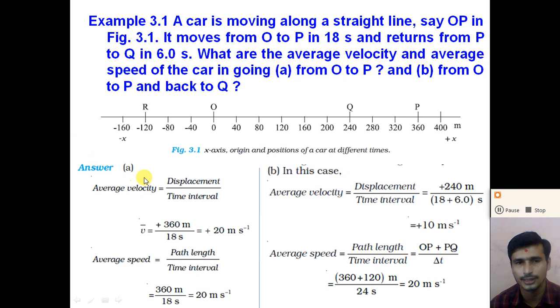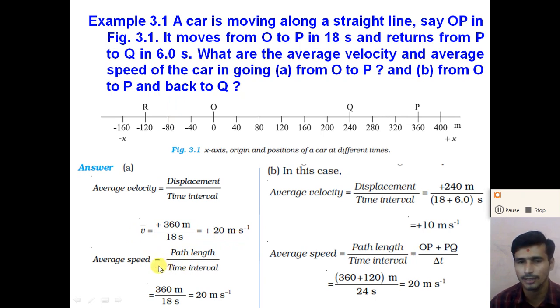Average velocity, in the first case when the car is moving from O to P, is equal to displacement divided by time. From O to P, the displacement is 360 minus 0, so we get plus 360, and the time taken is 18 seconds. So the average velocity is plus 360 divided by 18 seconds, and we get 20 meters per second.